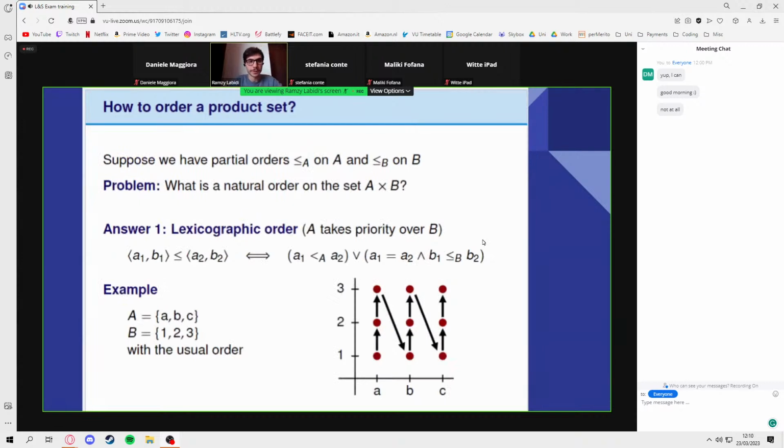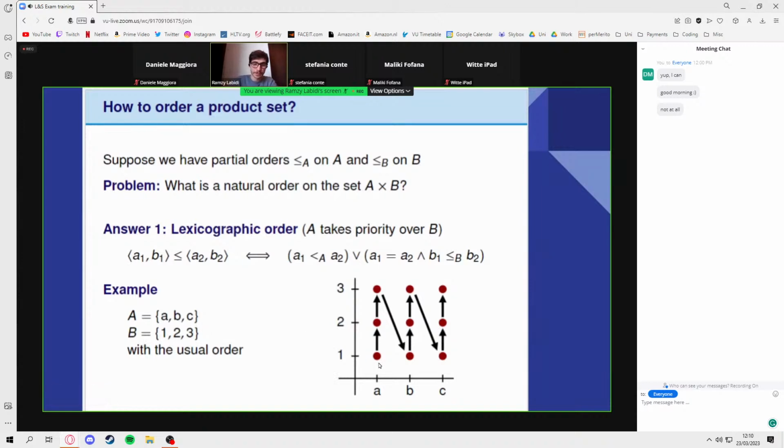Then how to order a product set. In this case, we take a look at the problem. What is a natural order of the sets A and B? Well, suppose that we have partial orders on A and on B. We can take, for example, the lexicographic order, which basically takes priority over B. As we can see, it's A, B, C, and 1, 2, 3.